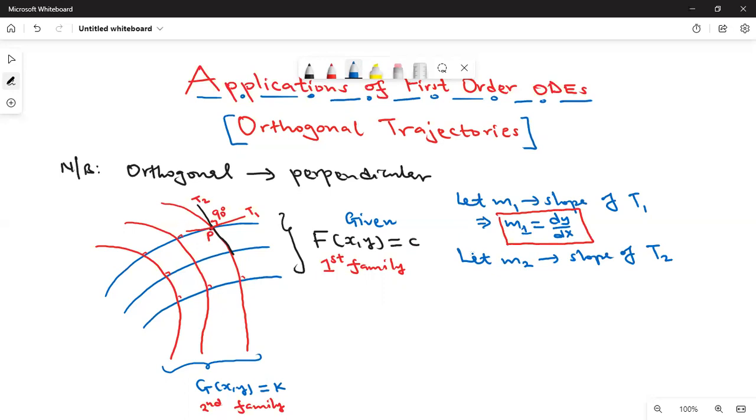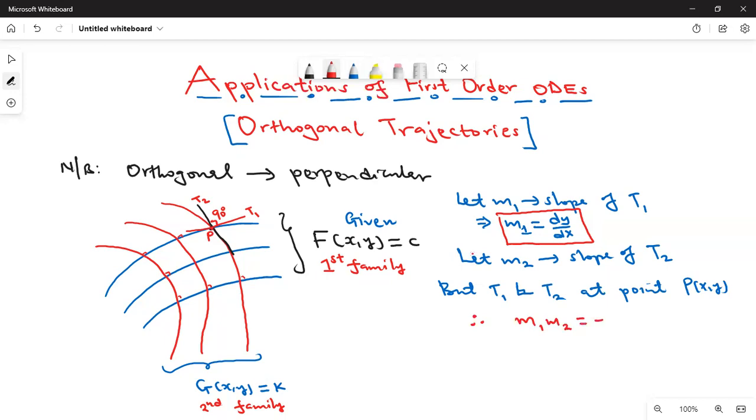Now, at point P, T1 is perpendicular to T2 at point P of xy. What do we know about perpendicular lines? It simply means that the product of their gradients should be equal to -1.